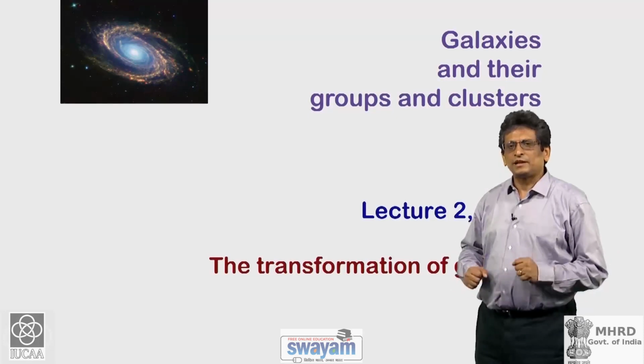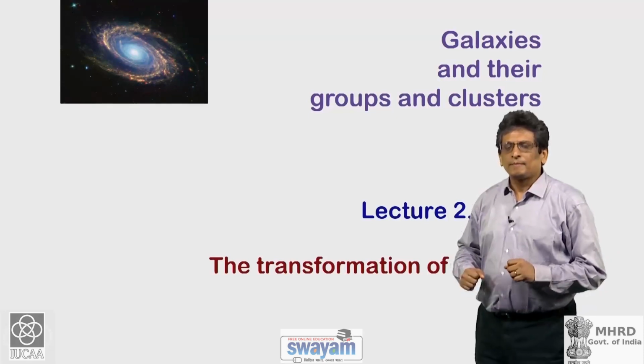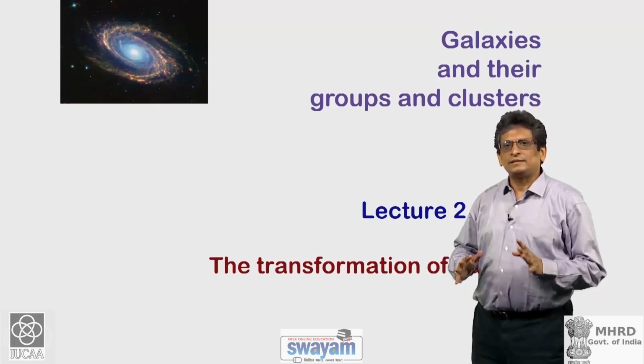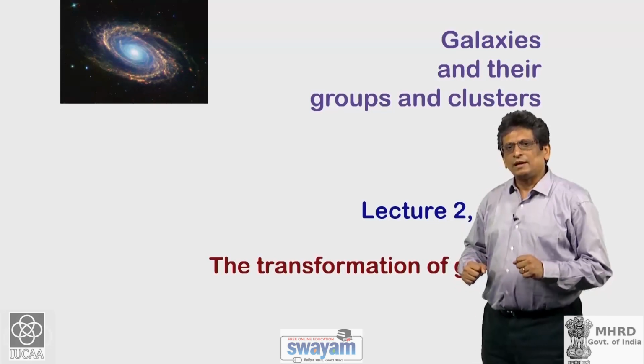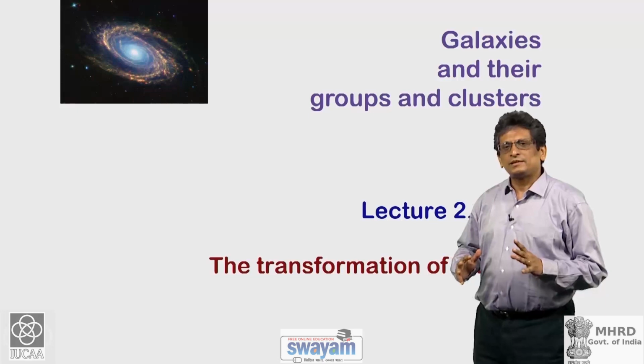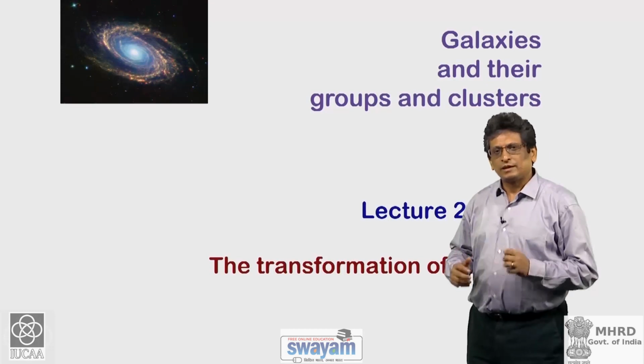And in this particular section, we'll look at how galaxies cease to form stars, whether it is a process that is internal to the galaxy or whether it depends on the large-scale environment in which the galaxy sits.